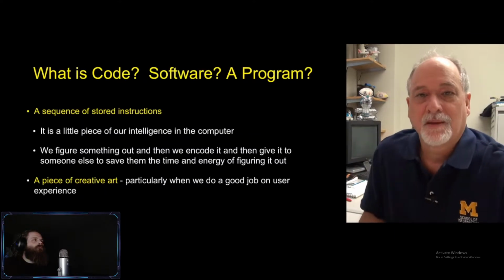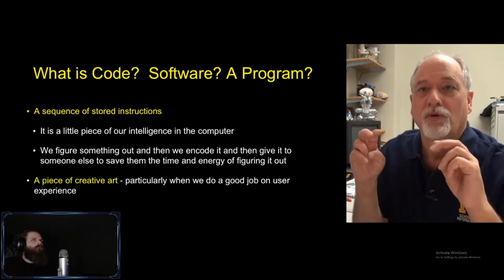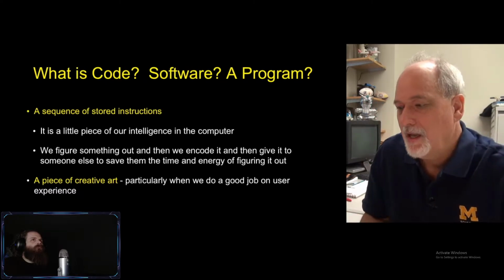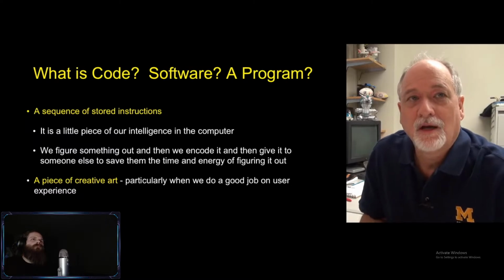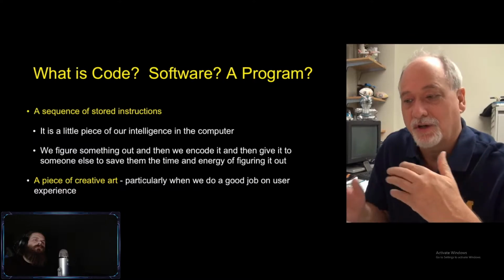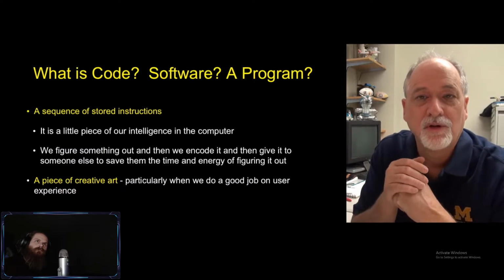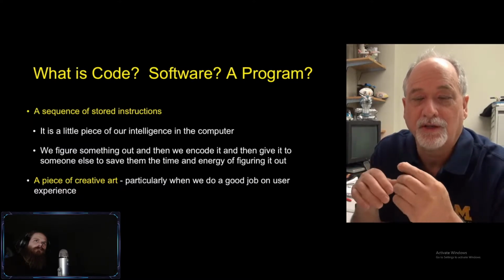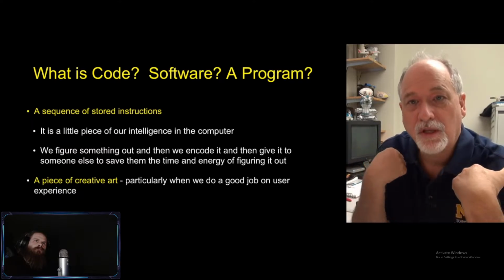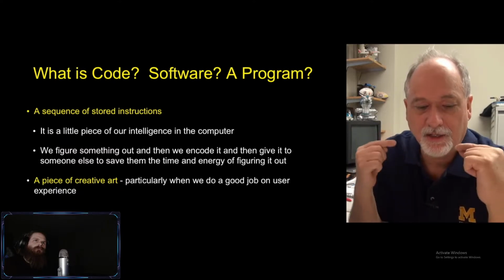And we do this by writing code or programming, okay? And what is that? Well, programming is a sequence of instructions where we are giving instructions to the resources inside the computer in a way to accomplish the goals of the end user. And remember, sometimes we are our own end user.